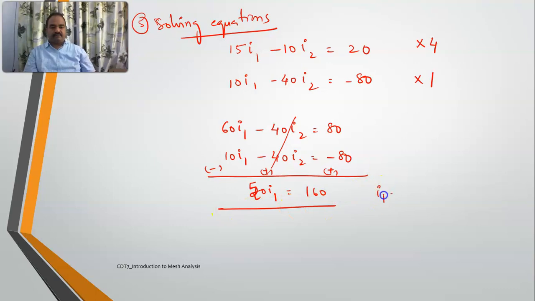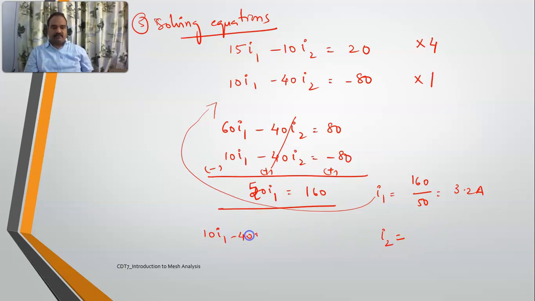So what is I1? 160 by 50. What is it? 3.2 amperes. So if I substitute it in any of these equations, I'll get I2, isn't it? So what is I2? If I substitute it here, 10 I1 minus 40 I2 is equal to minus 80, right? So I1 is 3.2, so 10 into it is 32.